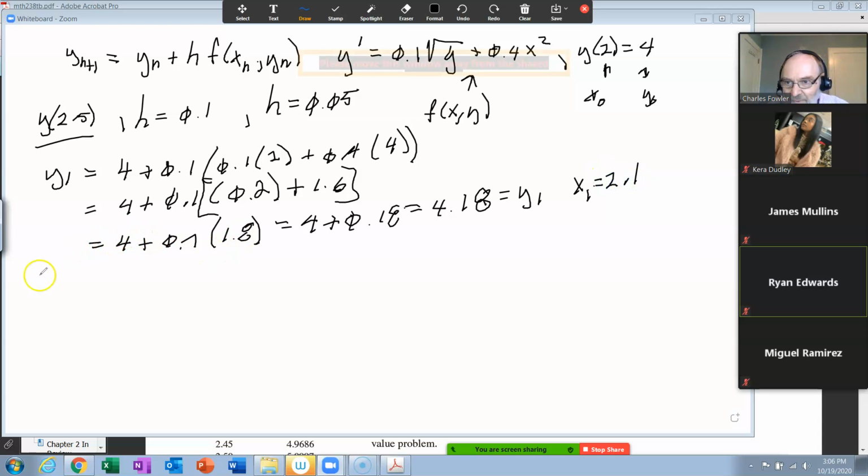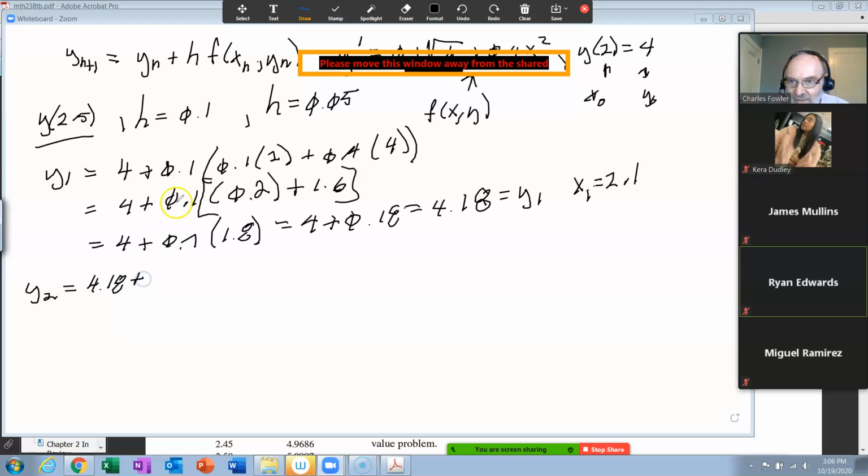So what do we do from here? We come up with an approximation for y2. And y2 is going to be the new y1, 4.18, plus, now this 0.1 is our h here, so that doesn't change, 0.1, times, this 0.1 is part of our function value.